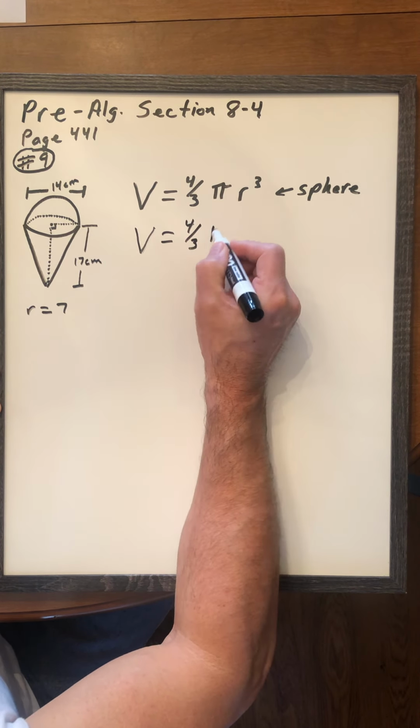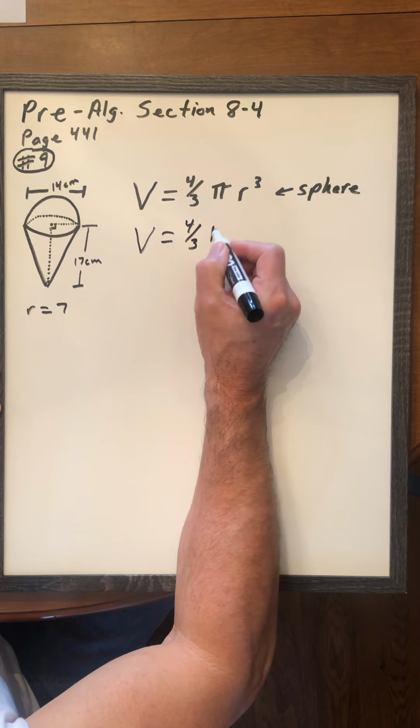We're going to leave pi in there until the end, and then we can plug in 3.14. So volume equals 4/3. We're going to take 7 times 7 times 7, and that's going to give me 343. So I'm going to write that here, 343, and then I'll put my pi symbol at the end. So 7 cubed was 343, and so now I've got 4/3 times 343 times pi.